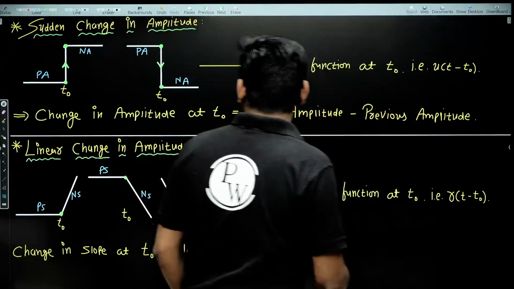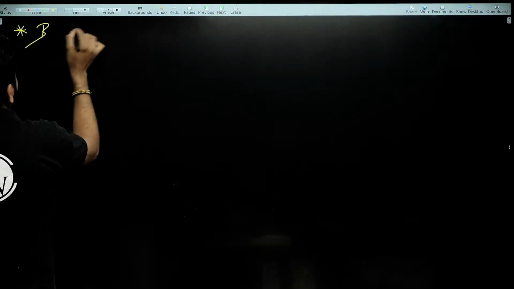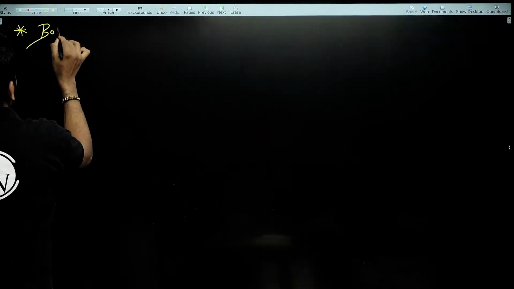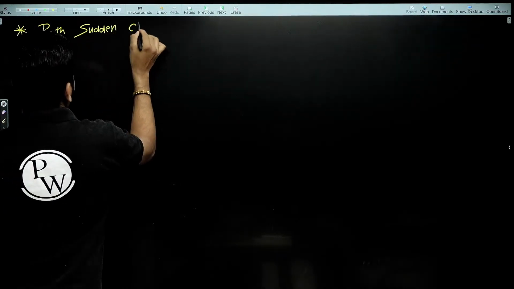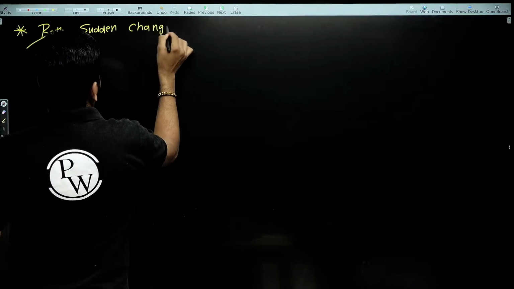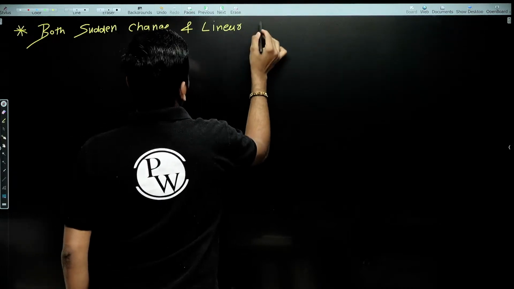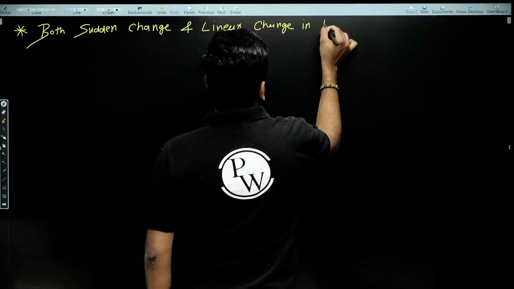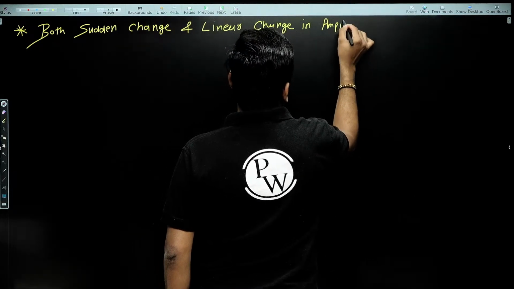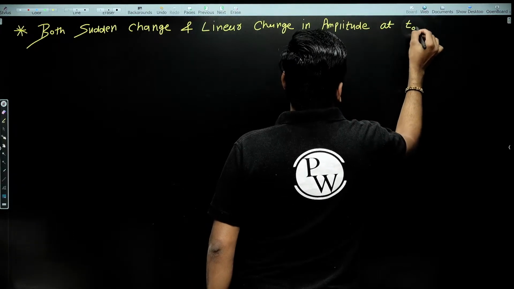So see here. Suppose both changes are present: sudden change in amplitude and linear change in amplitude at the same instant of time, at t naught.